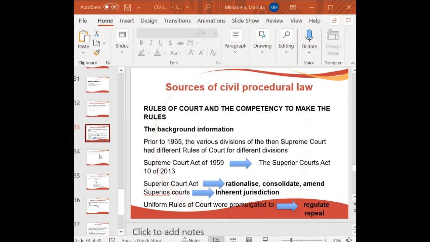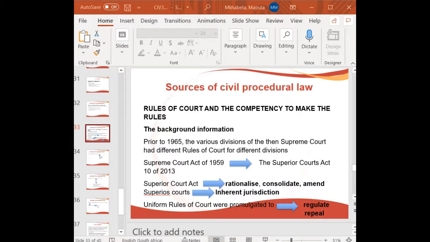Unlike the Magistrates' Court, the civil procedure of the High Court or Superior Court does not consist solely of statutory provision and rules of court. A substantial part of it consists of common law rules, ladies and gentlemen.